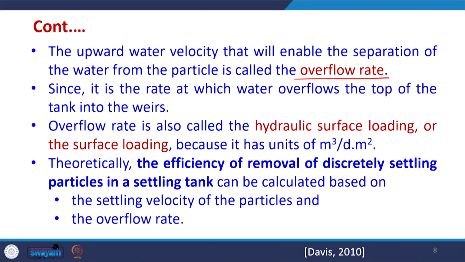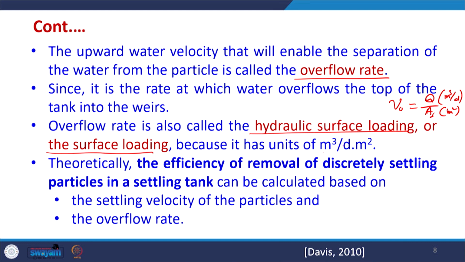Overflow rate is also called the hydraulic surface loading or the surface loading, because it has the unit of meter cube per day per meter square. V0 is given by Q upon AS, where Q has the unit of meter cube per day and AS has the unit of meter square.